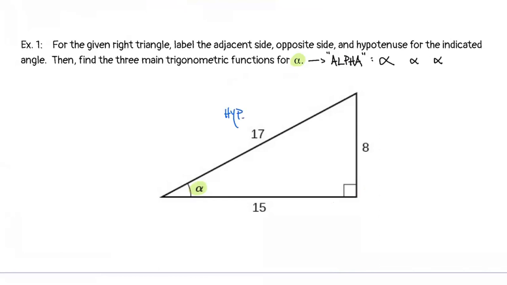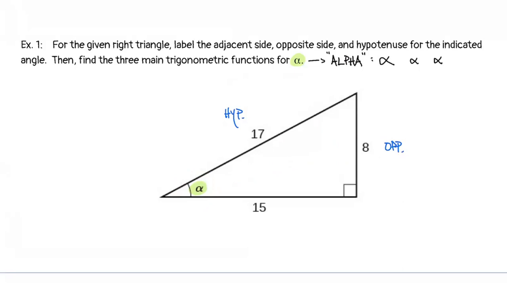Okay. Where is the side opposite alpha? Yeah, we start at alpha and we look straight across that triangle. We get to 8. 8 is indeed the opposite side.